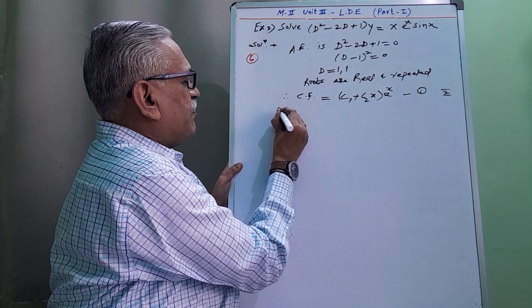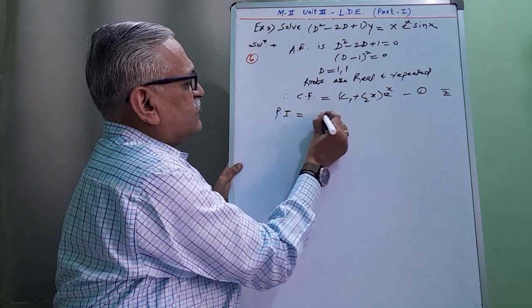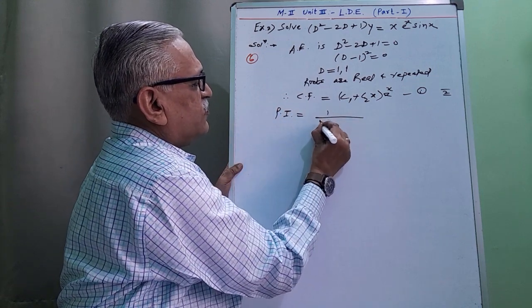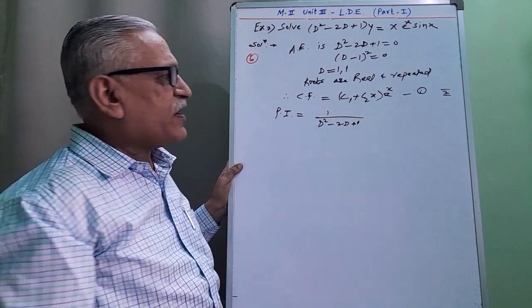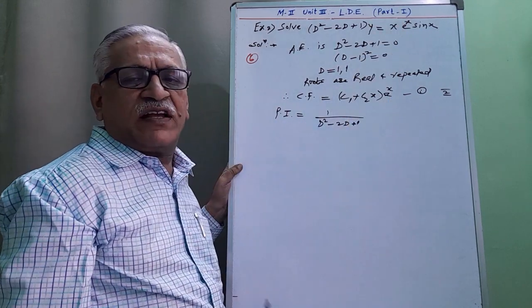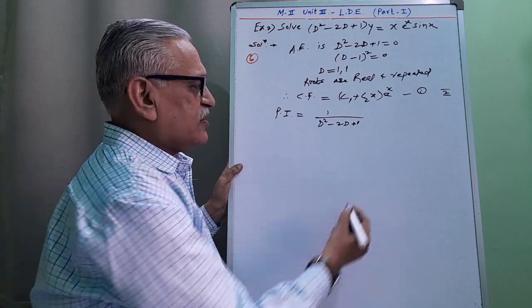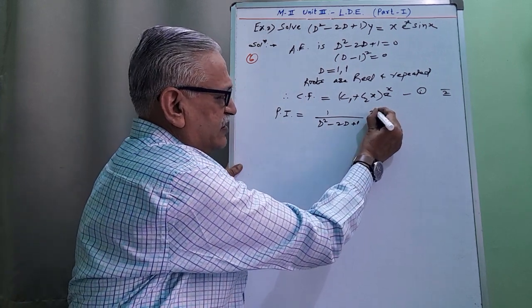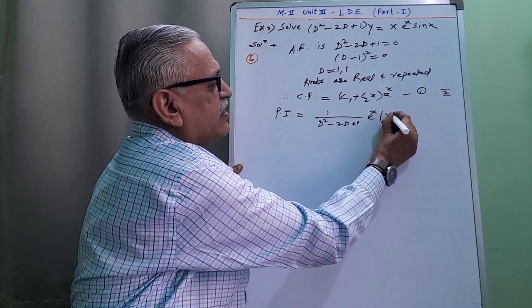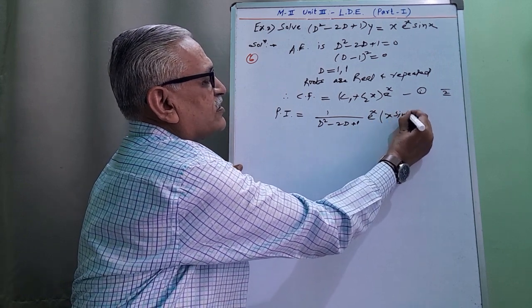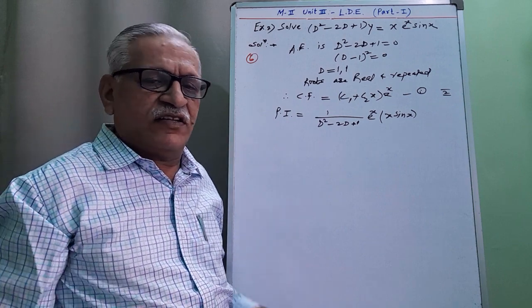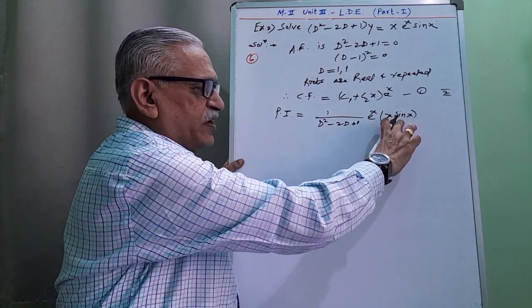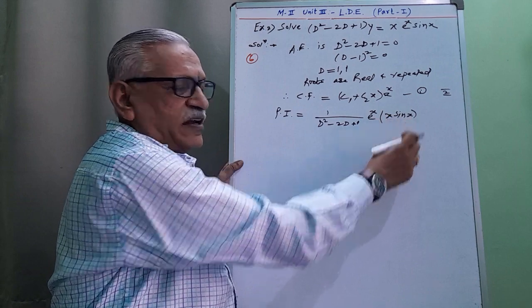Then particular integral is 1 upon (D² − 2D + 1), which we have to operate on x e^x sin x. There are 3 terms. Therefore, we rewrite them as e^x multiplied by x sin x, meaning I have converted this to the case e^x times V, where V is x sin x.